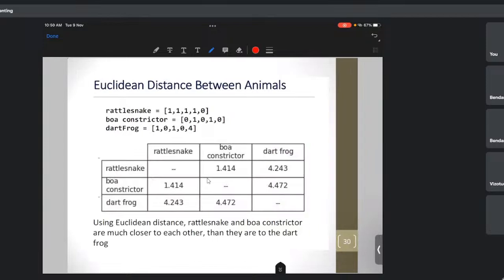If we plot these vector points and figure out the distance between them, this will be the Euclidean distance between the animals. The distance between rattlesnake and boa constrictor will be 1.414. Rattlesnake and dart frog will be 4.243, something like that. From this, you can see that dart frog is far from boa constrictor, so it is better to put them in two different clusters.